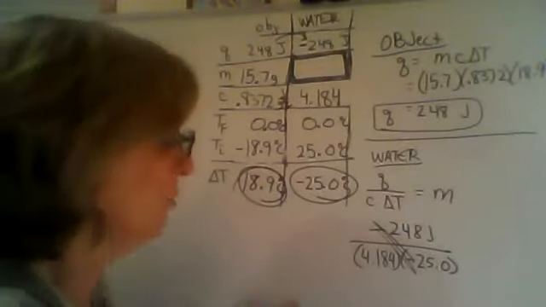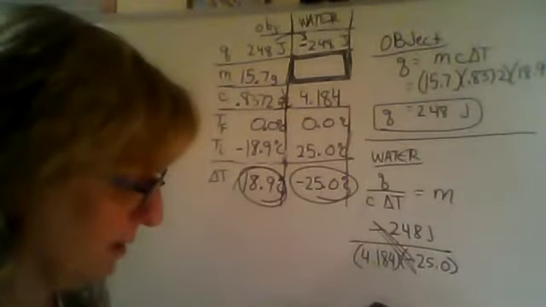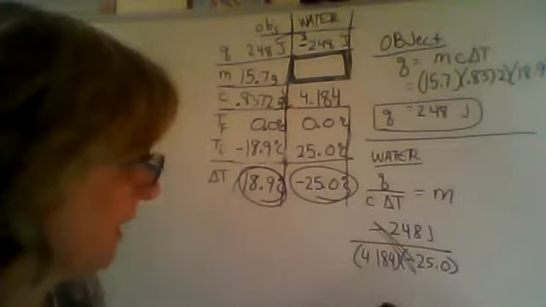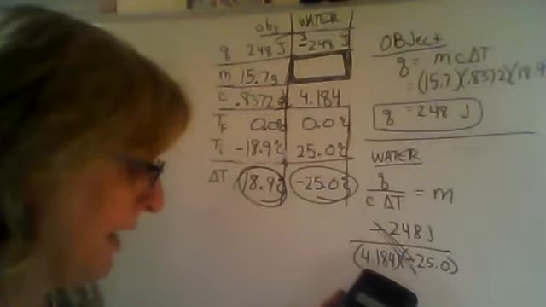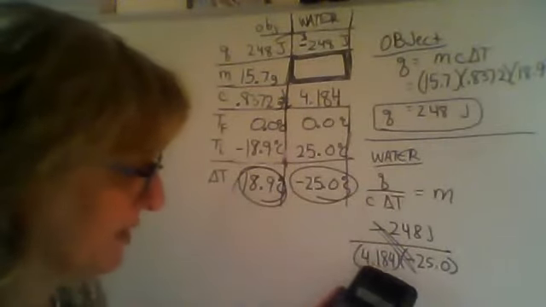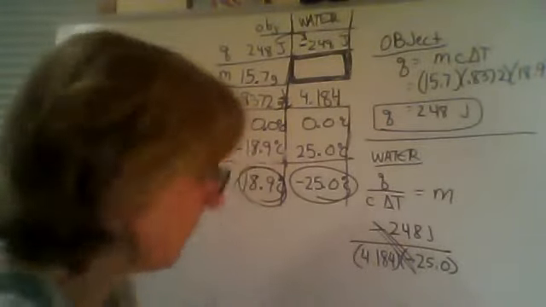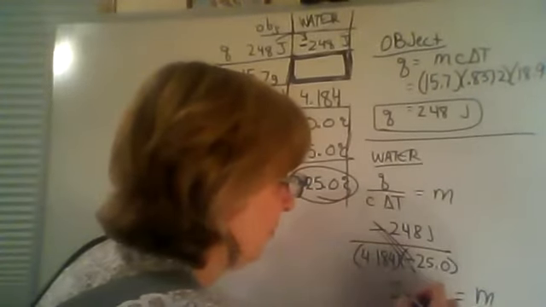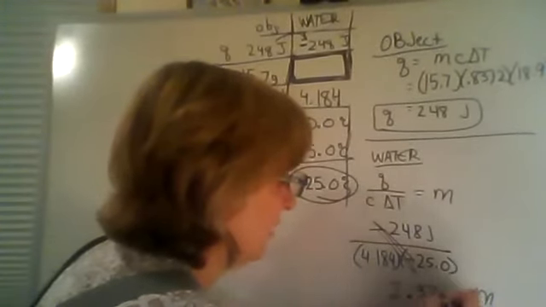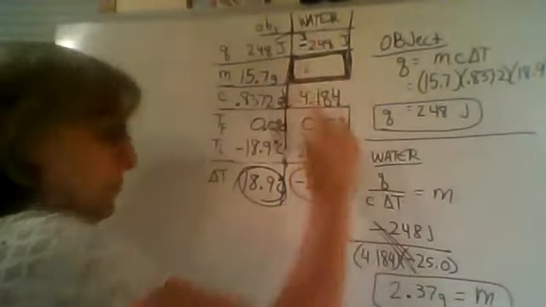That doesn't make sense. So mass has to be positive. And we just enter it in to 248 divided by left-hand parentheses 4.184 times 25 right parentheses equals 2.37. Mass equals 2.37 grams. Okay, so that's going to be their answer.